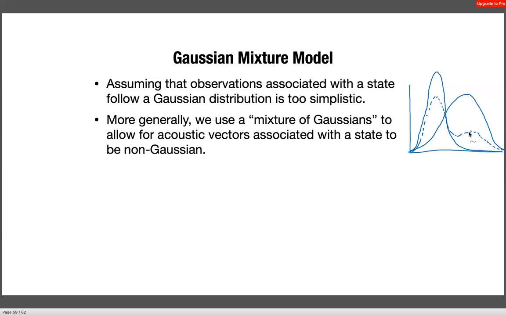So you see that it's bimodal, which is much more expressive than each of these individual components, which are unimodal. And so you can increase the number of mixture components, and that will help model lots of very non-trivial shapes that the probability distributions can take. So these mixtures of Gaussians are much more powerful, and they turn out to be sufficient to do a good job of parameterizing our acoustic vectors.